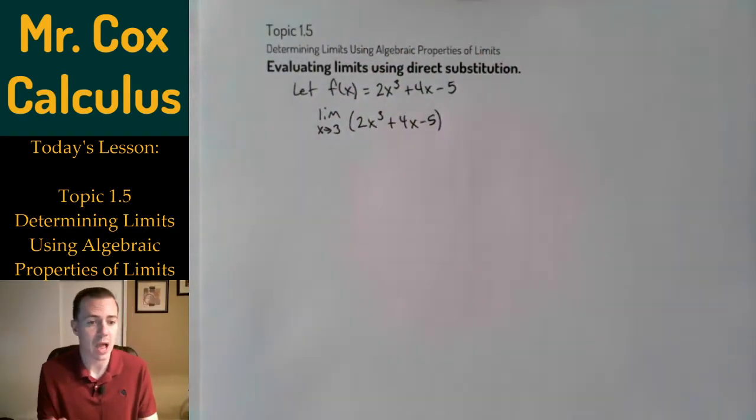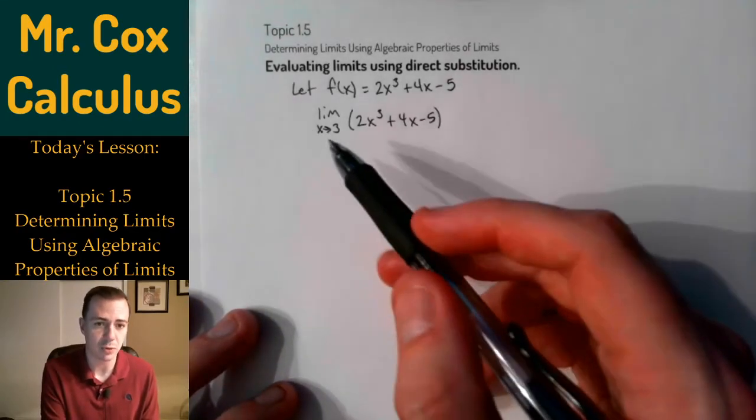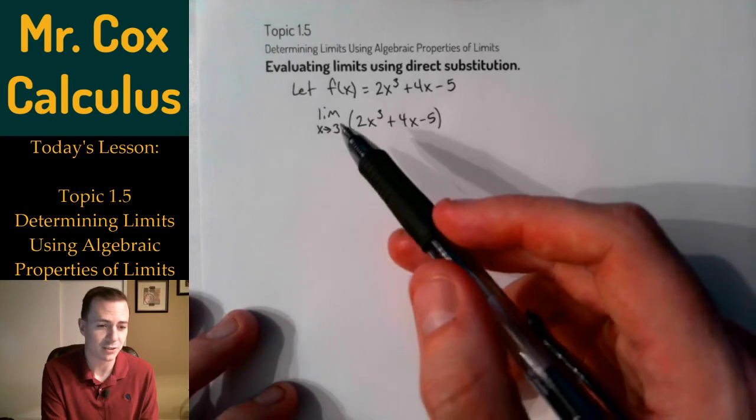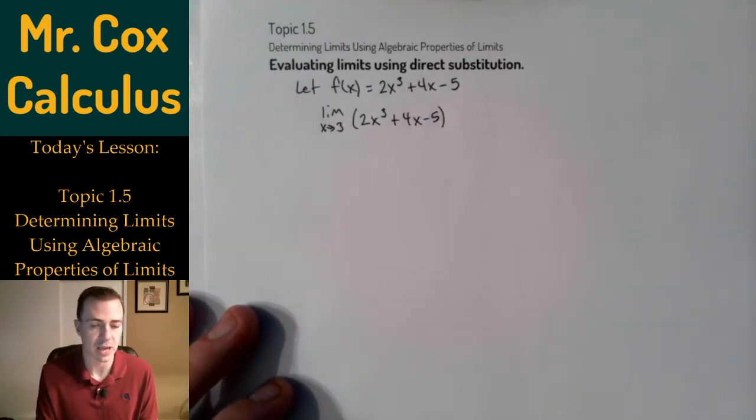So I can either graph this function and look at what's happening at 3, or build a table of values like we did in the previous topic as x is getting really close to 3. But because nothing weird is happening, we're going to be able to apply these properties and do this by hand rather than grabbing a calculator.